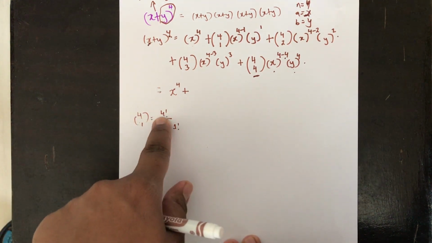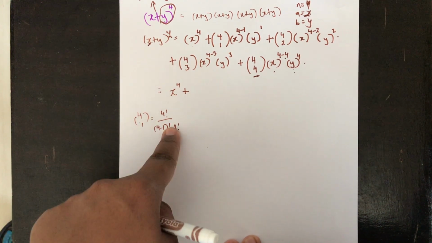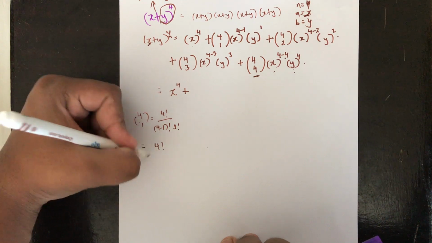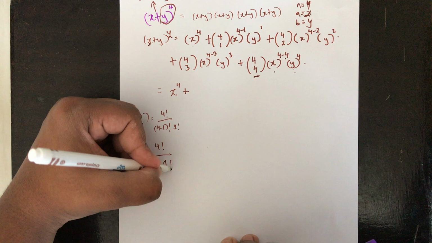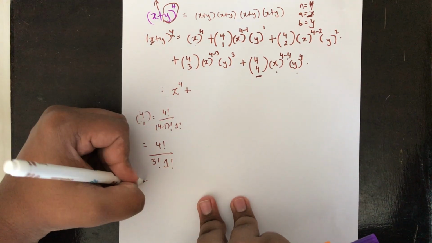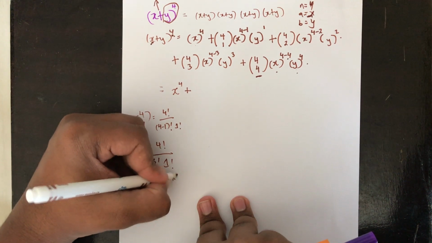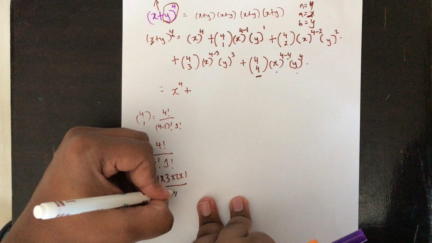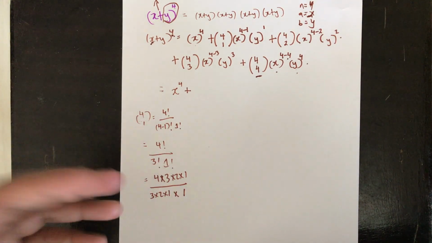So it's going to be 4 factorial divided by (4 minus 1) factorial into 1 factorial. This is the same as 4 factorial over 3 factorial into 1 factorial, which is 4 times 3 times 2 times 1 divided by 3 times 2 times 1 times 1, because 1 factorial is just 1.